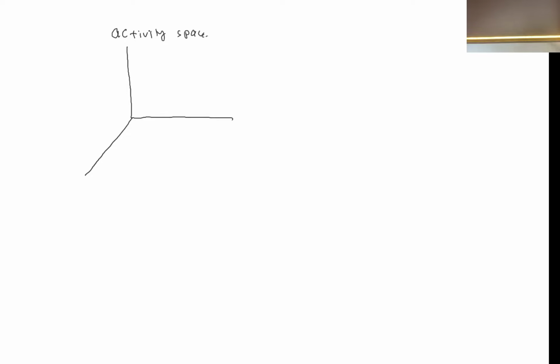So the firing rate of neuron 1, firing rate of neuron 2, firing rate of neuron 3. Of course there are really millions of neurons in here. We can only draw in 3D, but points in this space represent something.